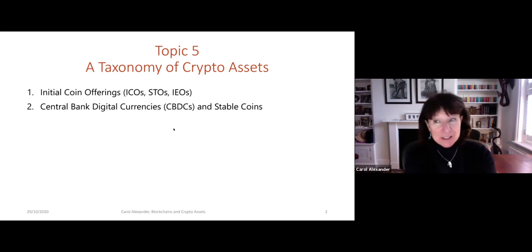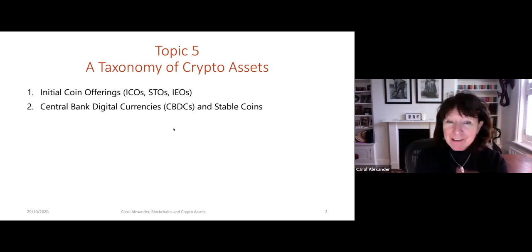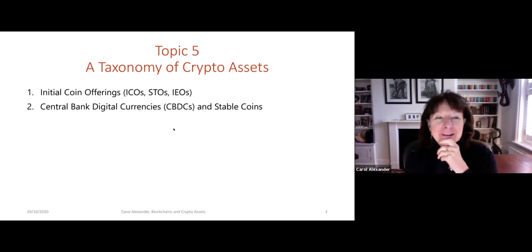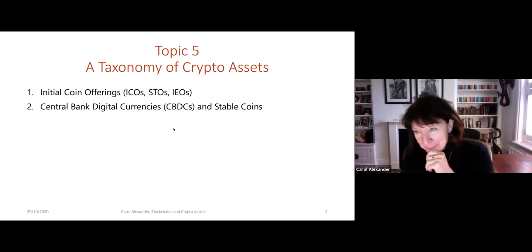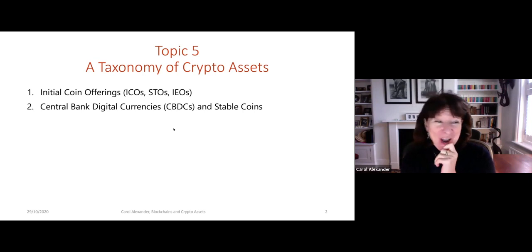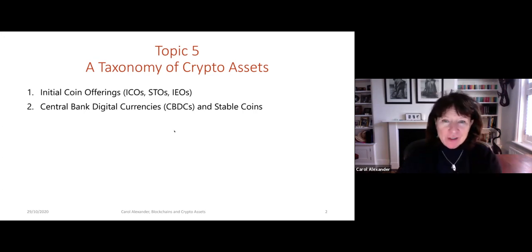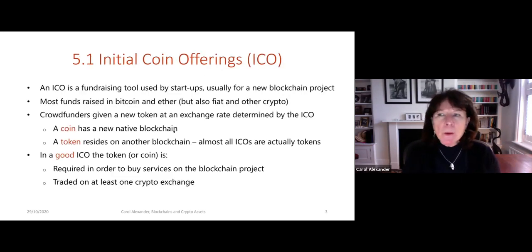You can have security token offerings or initial exchange offerings. They are various flavors of initial coin offerings. So that's this video. And then there's CBDCs, central bank digital currencies, and stable coins. That's the next video. Hopefully just 2 videos for this topic. This one might be quite long though.